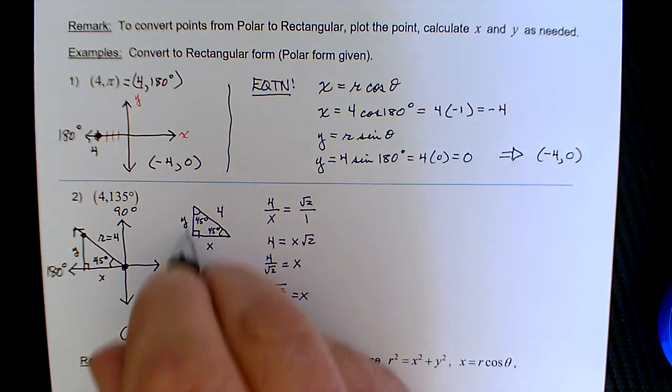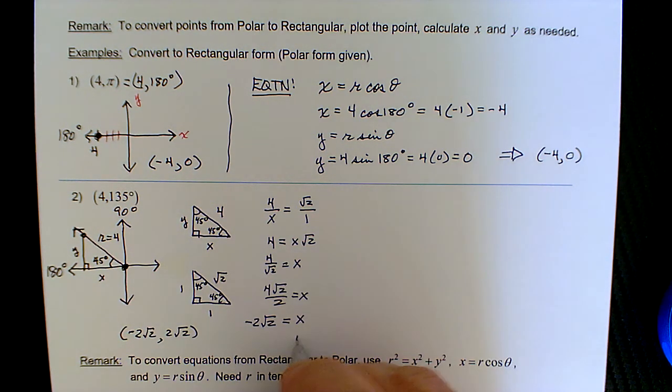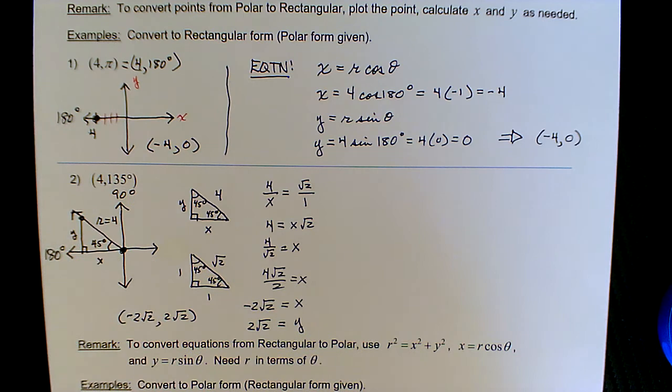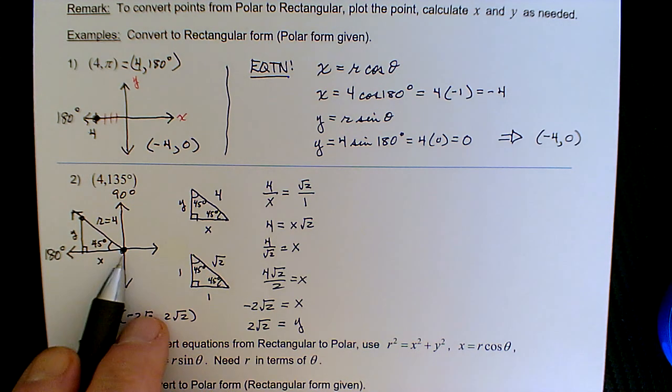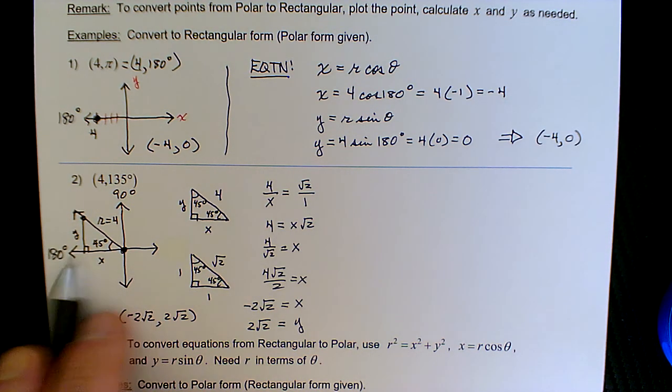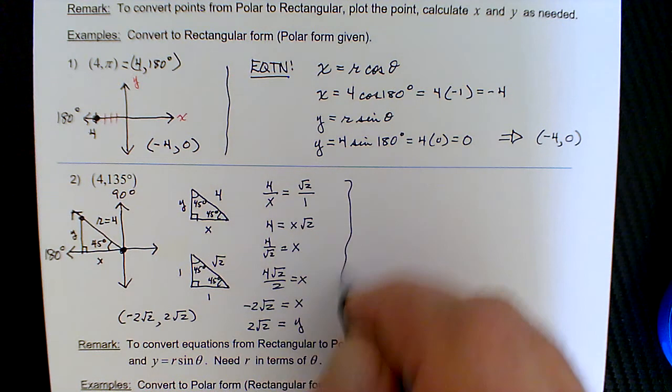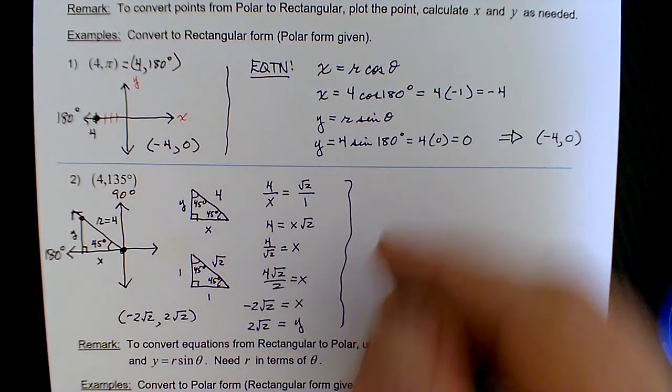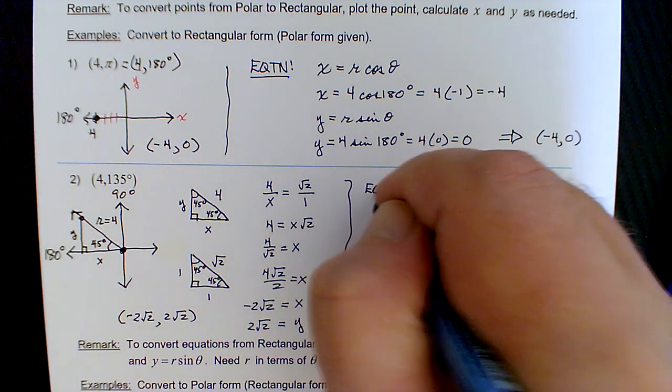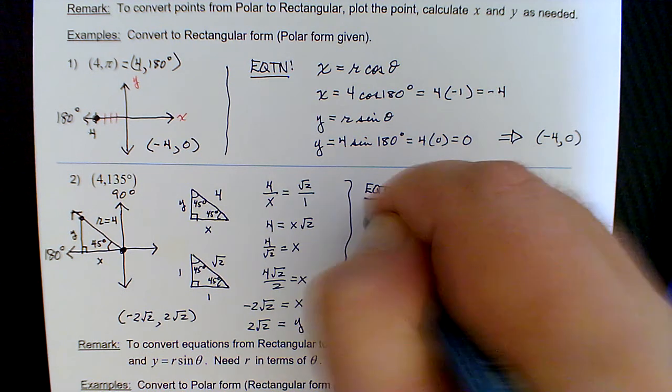Of course y is the same, so there's no need to repeat that process. I labeled the x as negative, obviously, because of where you plot the point anyway. Okay, so that's the analytic way, using the equation method.